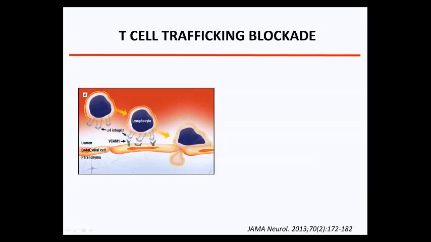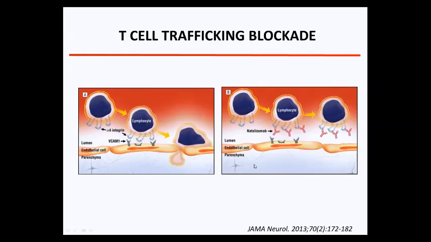This activated leukocyte expresses alpha-4 integrin, which interacts with the VCAM on the endothelium, and this allows the trafficking of those cells to the surrounding tissue. When you infuse natalizumab, an antibody against that alpha-4 integrin, it interrupts that interaction, and with that you don't have T cell trafficking.